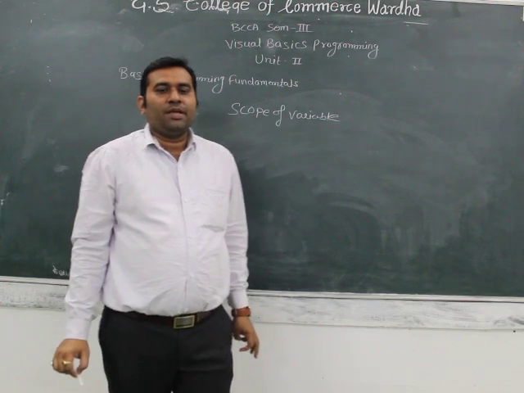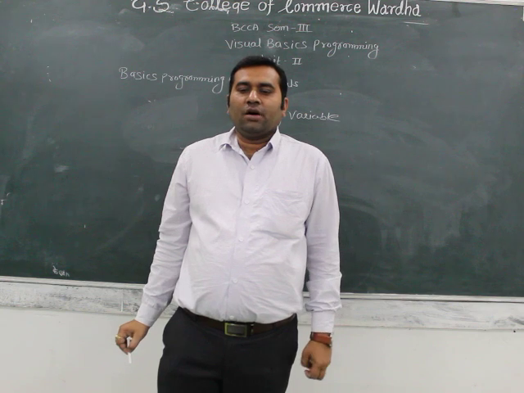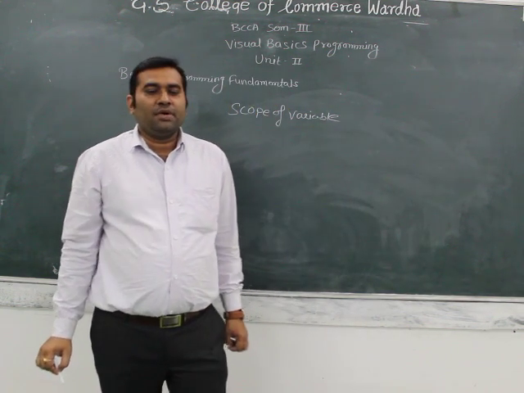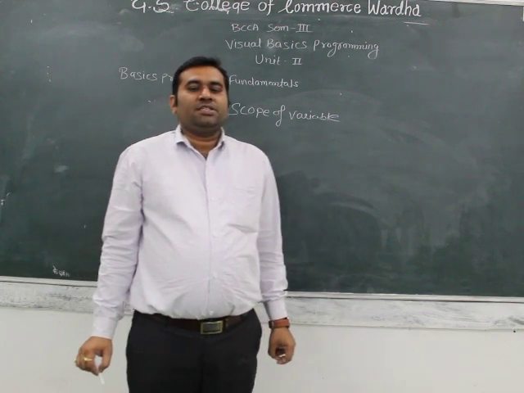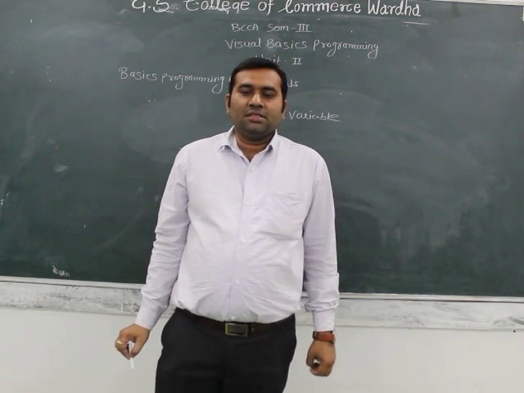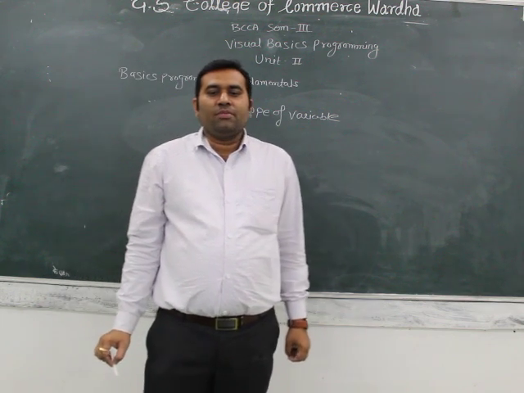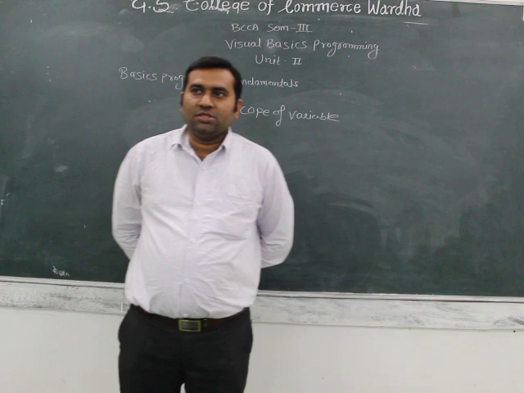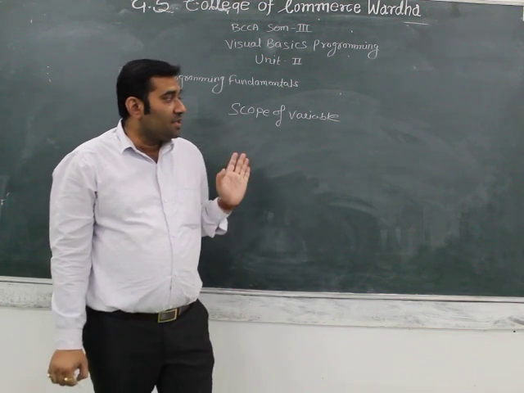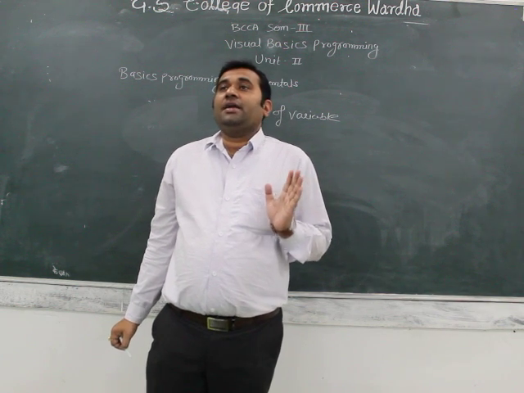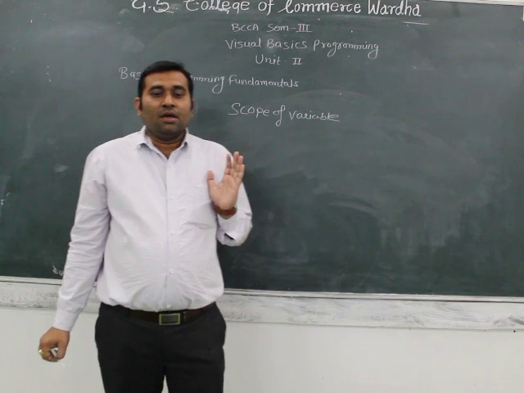The scope of a variable, procedure or object determines which parts of the code in your application are aware of the variable's existence. A variable declared in the general declaration section of a form is available to all the procedures. Local variables are recognized only in the procedure in which they are declared. They can be declared with Dim, the Static keyword, or the Private keyword.